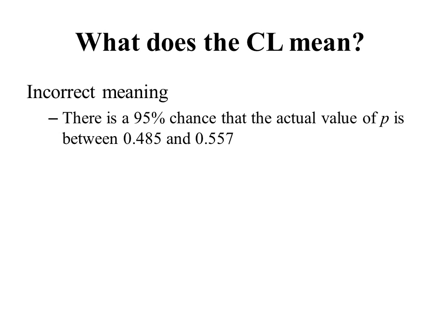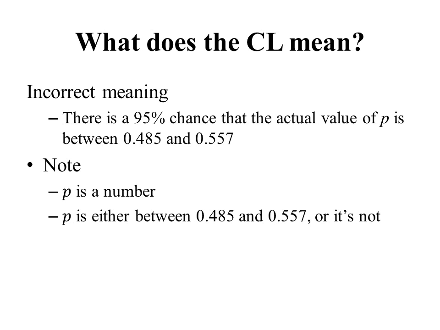Now, an incorrect meaning would be to say that there is a 95% chance that the actual value of P is somewhere between those two numbers. So why is this an incorrect meaning? Well, let's make a couple of observations. Number one, P, the population proportion, is a number. I don't know the value of that number. Nobody does, but it is a number. It has a single value.